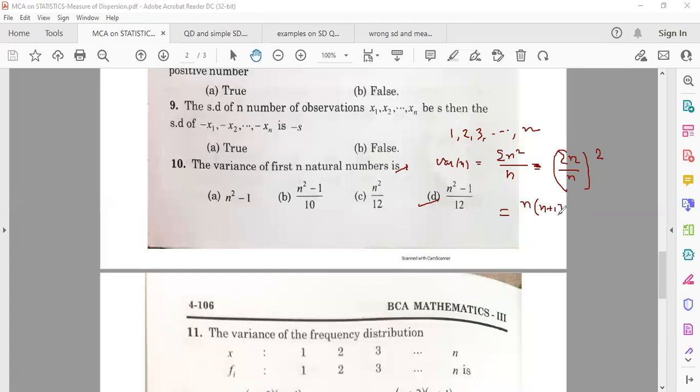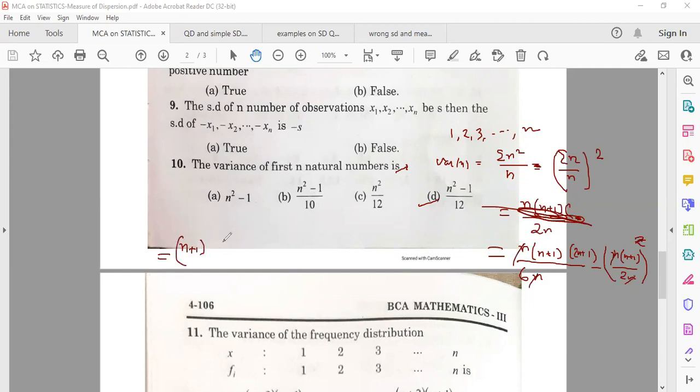So what do you have? Summation n square means n into n plus 1 into 2n plus 1 by 6, and summation n means n into n plus 1 by 2. So we have n plus 1 into 2n plus 1 by 6 minus n plus 1 whole square by 4.